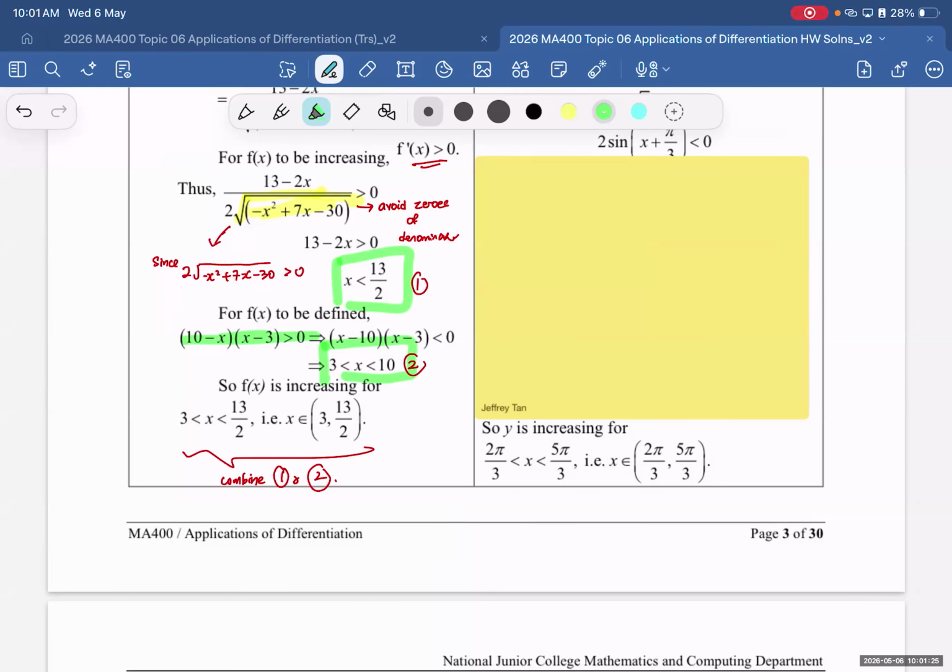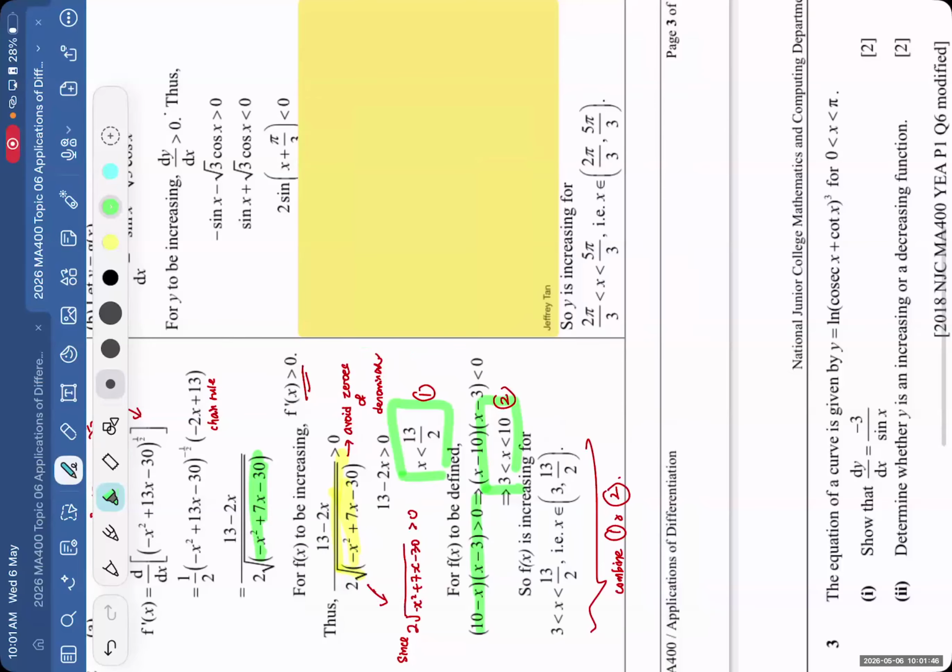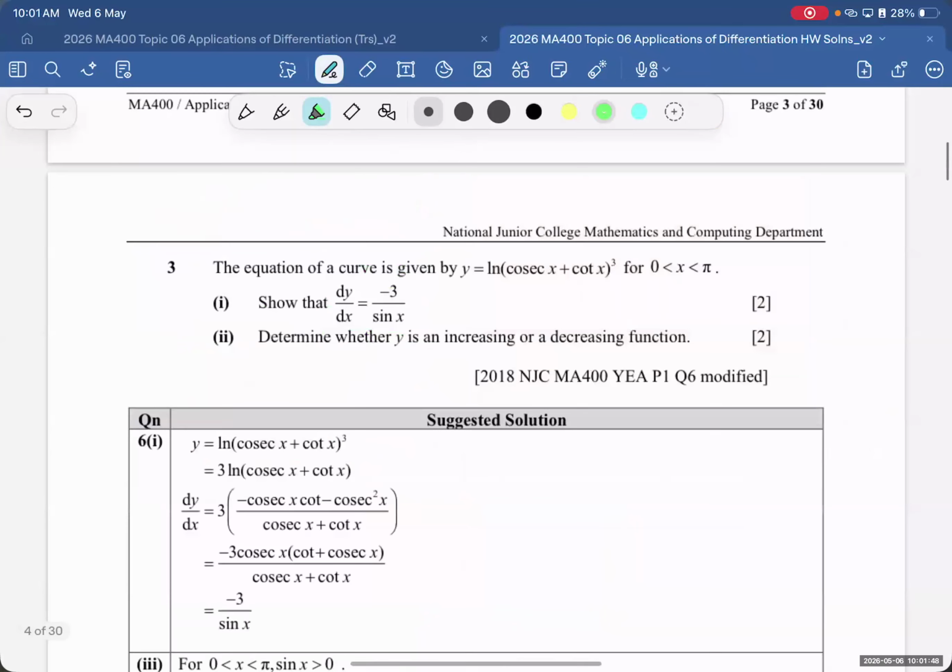Same. Or did anyone use tangent x? I just want to go around and see. Anyone use tangent x? You use tangent x. Okay. You use. Bro, don't like that.